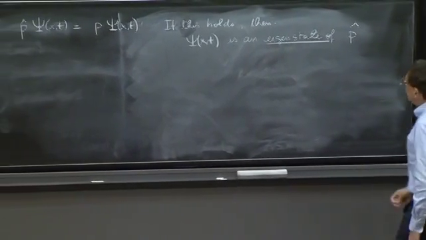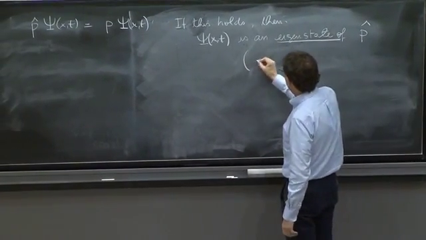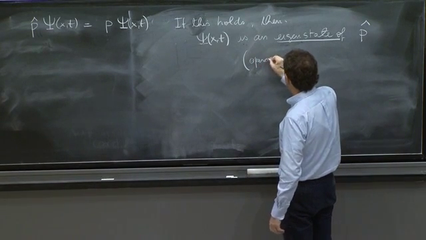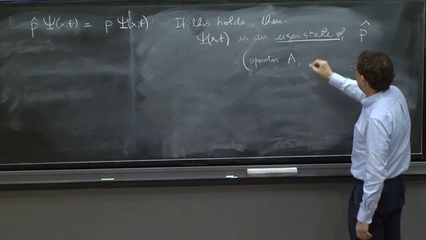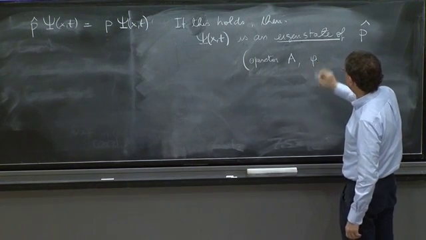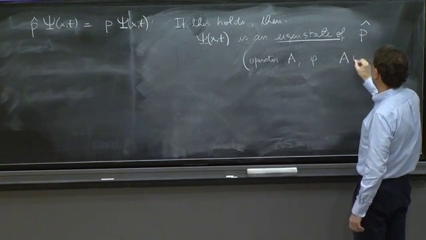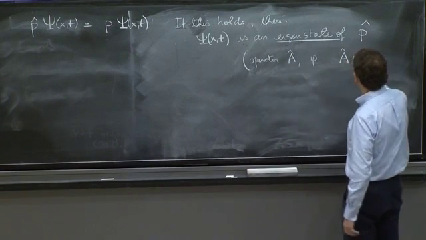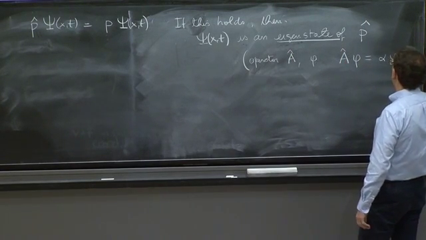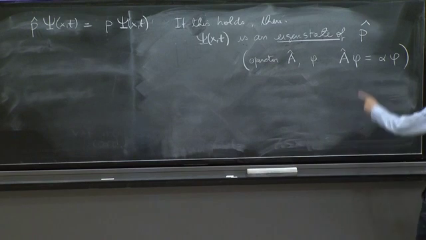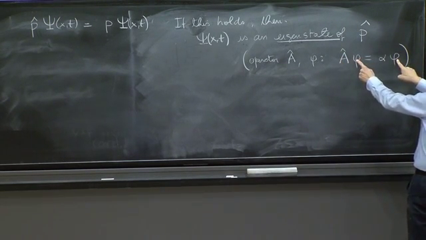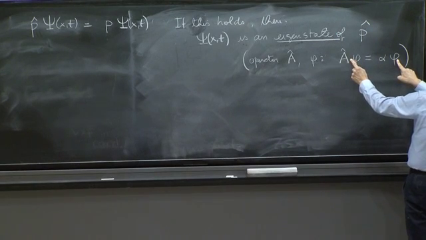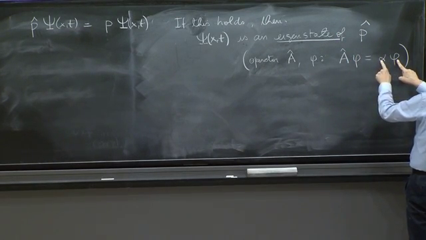So in general, if you have an operator A and a function phi such that A acting on phi is alpha phi, we say that phi is an eigenstate of the operator, and in fact, eigenvalue alpha.